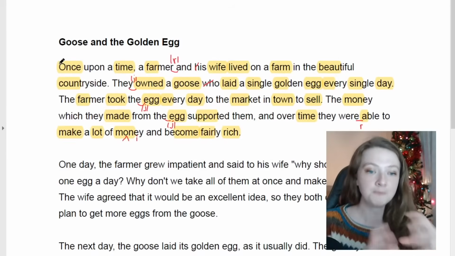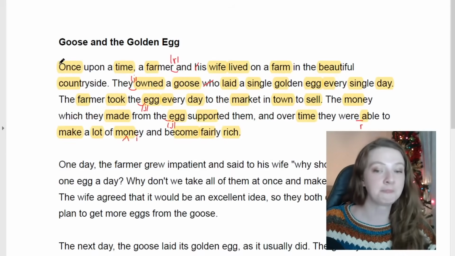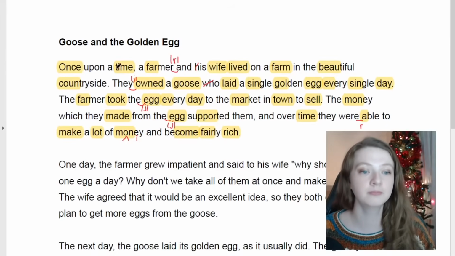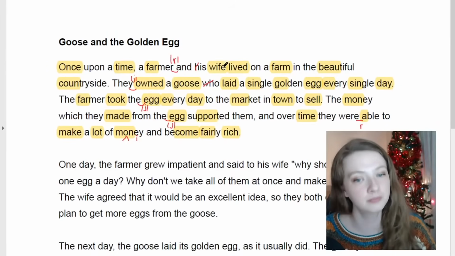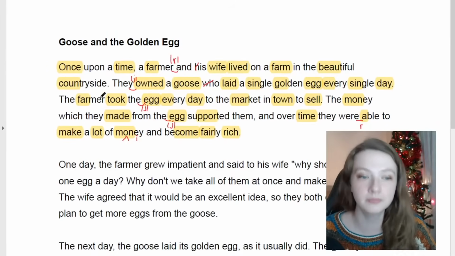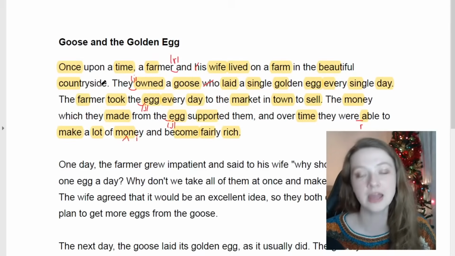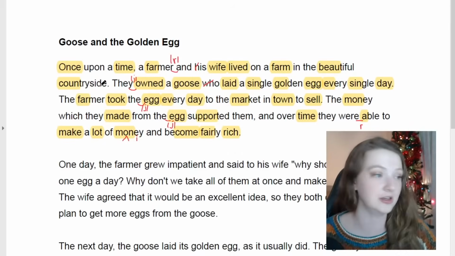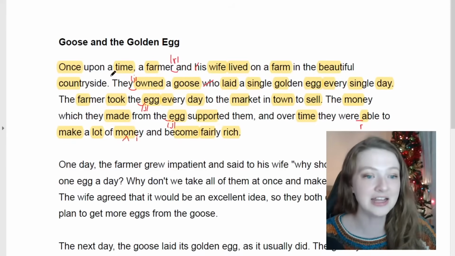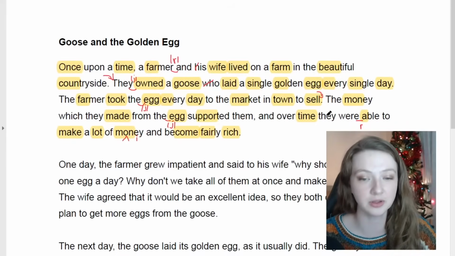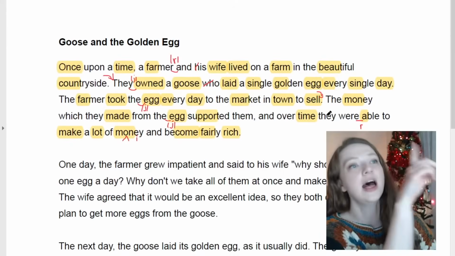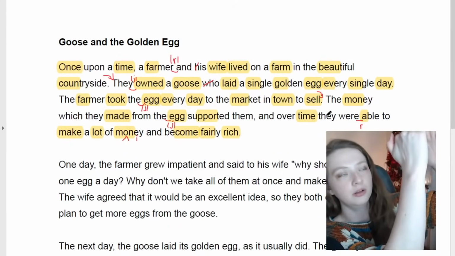So you see, I hummed that part, and every time it was a stress word, okay, I hummed it, and you can see that my intonation goes up every single time. And then at the end, to keep it simple, the intonation just goes down. Yeah, so it'll go to the market in town to sell. So it will go up and then it will glide down.